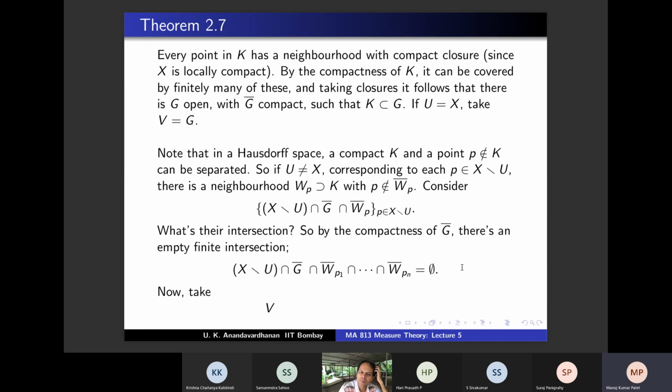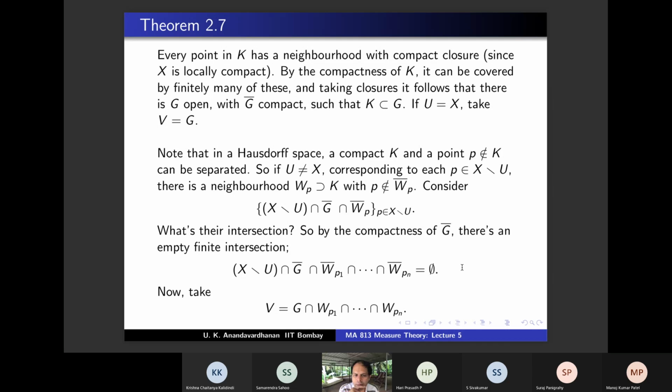If you take V to be G intersection WP1 intersection up to WPN, then V is contained in U because its intersection with U complement is empty. So V is contained in U and V bar is compact. Agree?